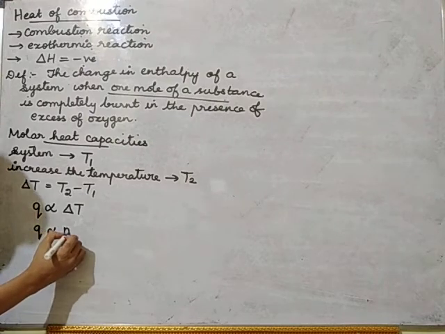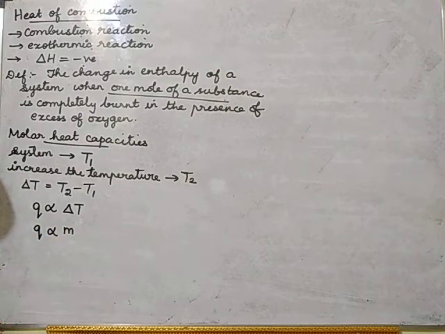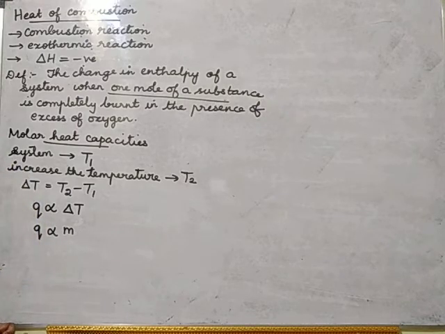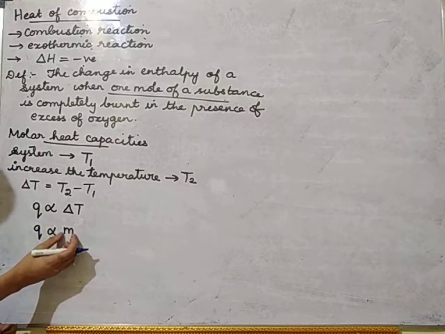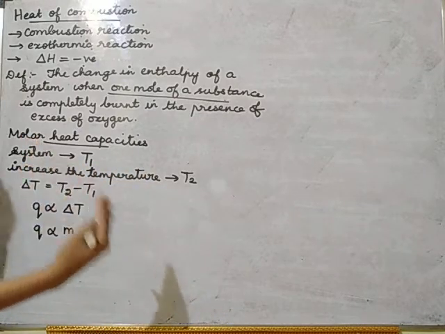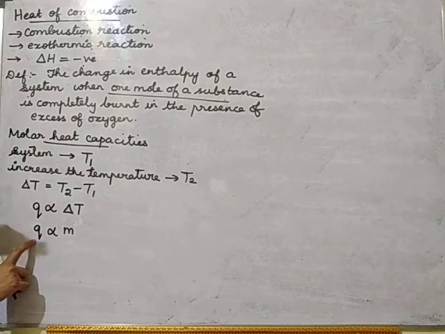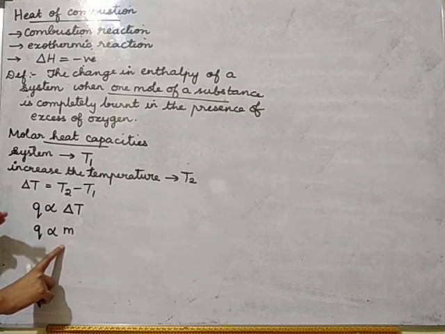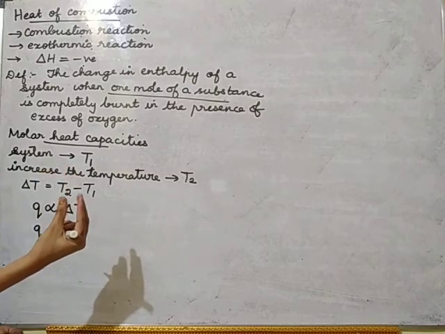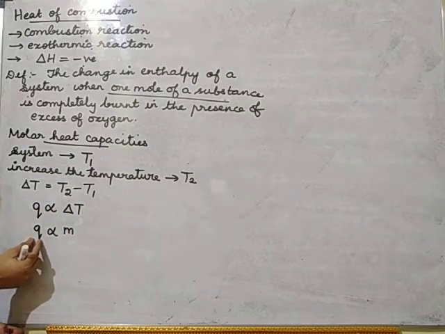Then Q is proportional to M, the mass of the substance. If the substance is more, you have to give more heat to heat the entire substance. If it is very small, we need to provide only a little heat.